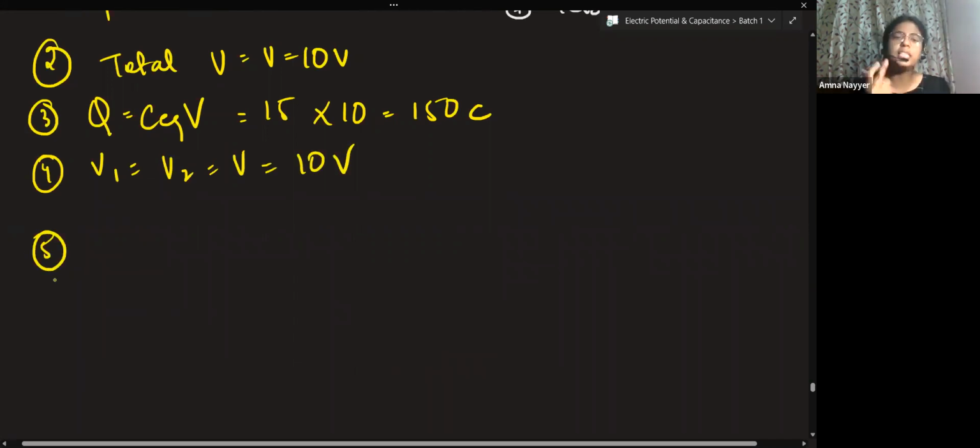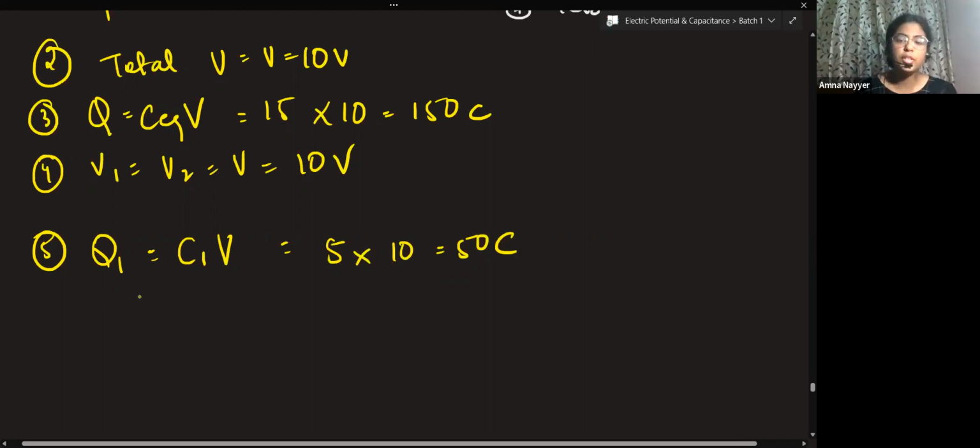Fifth part, see, charge across each one of them. How do we calculate? Charge across the first one is capacitance across the first one multiplied by voltage. C1 is 5, voltage is 10. That gives you 50 coulomb.